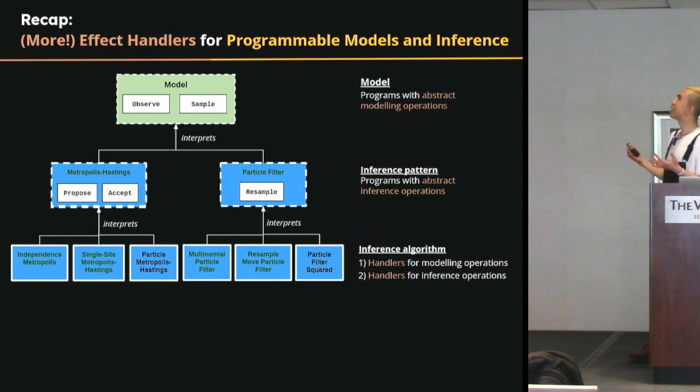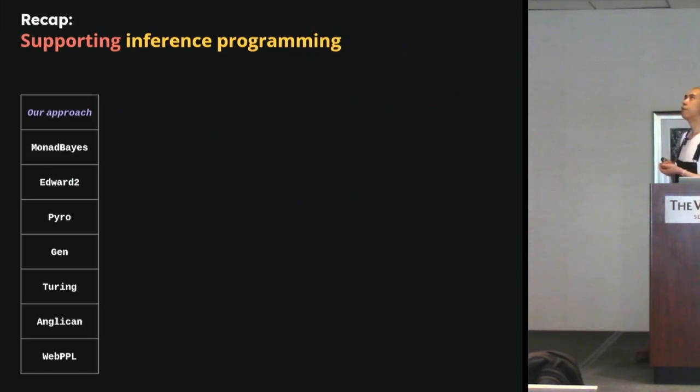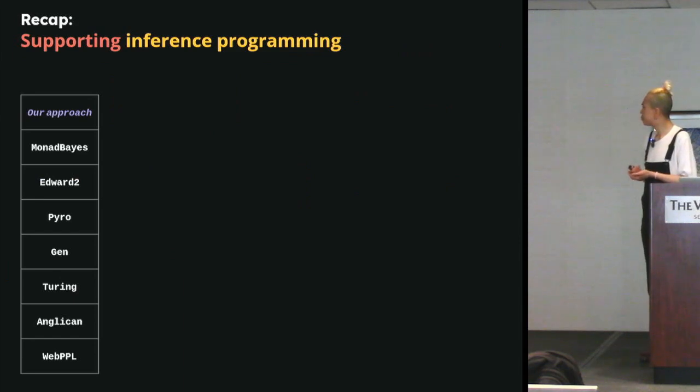Okay, to recap, I've shown you a new approach to enabling programmable inference. I've used abstract operations to reveal how the algorithms are structured, and I've used effect handlers as a way of programming them. If you recall, there were three things that I thought were quite important for inference programming.